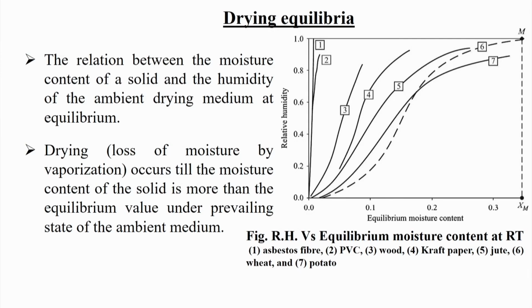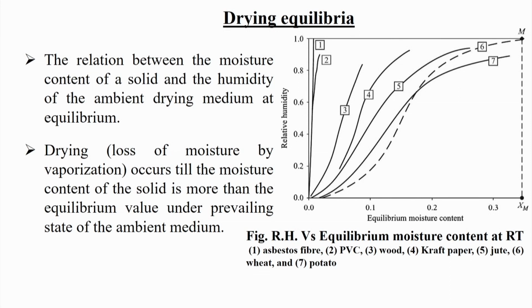Now, another important term we need to understand is drying equilibria. This is nothing but the equilibrium relationship between the moisture content of the solid and the humidity of the ambient drying medium at equilibrium.